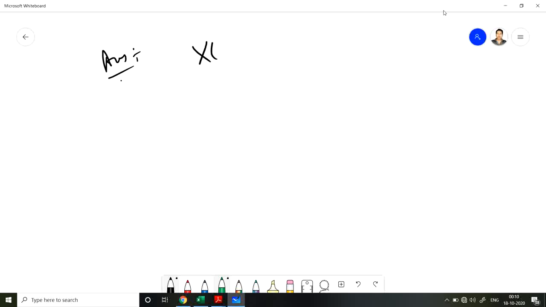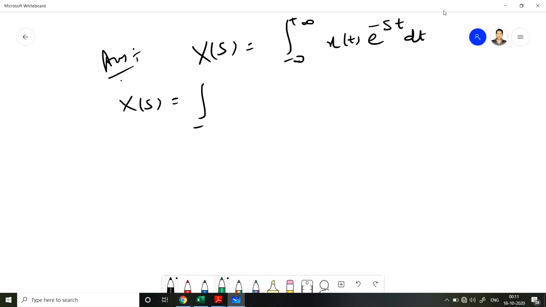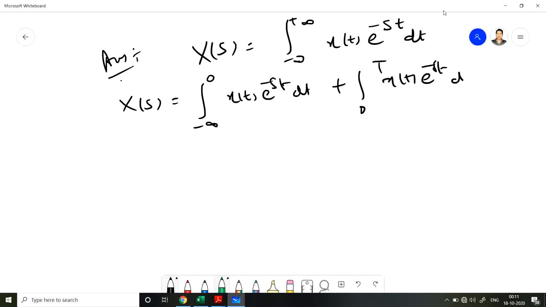So the Laplace transform is X(s), that is minus infinity to plus infinity, x(t) e raised to the power minus st dt. So X(s) is equal to minus infinity to 0 of x(t) e raised to the power minus st dt, plus 0 to capital T of x(t) e raised to the power minus st dt, plus capital T to infinity of x(t) e raised to the power minus st dt. Why have I written it in 3 forms?